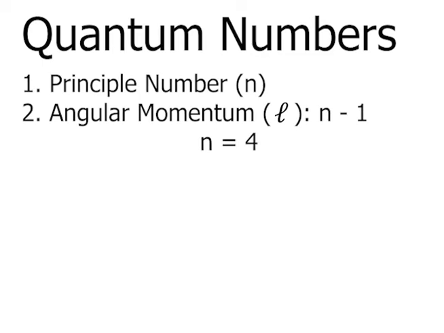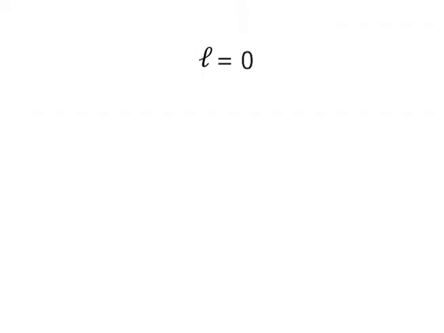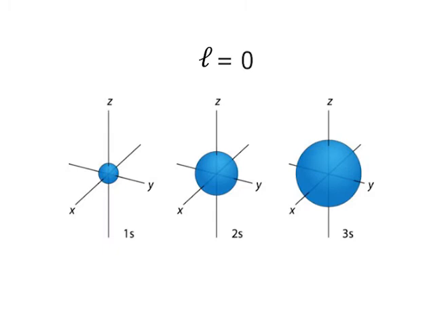If n equals 4, L can be 0, 1, 2, or 3, and each of these corresponds to a different shape of atomic orbital. L equals 0 means an s orbital, this spherical shaped kind of cloud, and there is always only one of them per energy level.